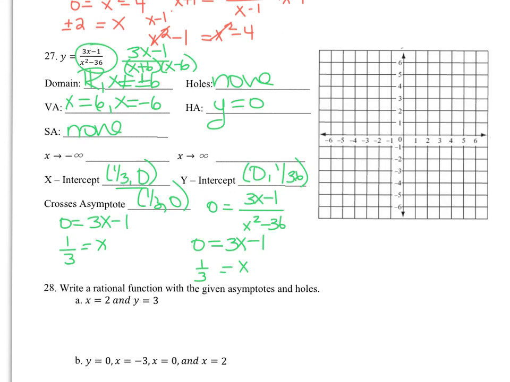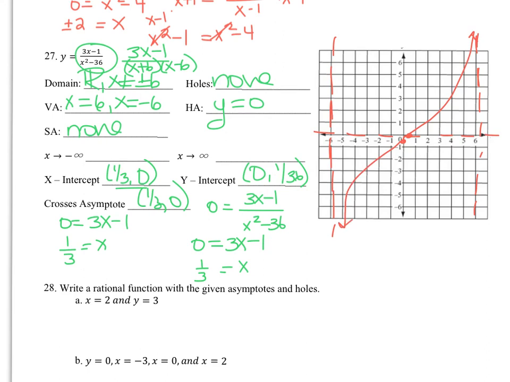So if I go ahead and start graphing this, I have a horizontal asymptote at 0, vertical asymptotes at 6 and at -6. I have an x-intercept at (1/3, 0), which is where it crosses, and a y-intercept at 1/36, which I'm just guesstimating. Since I have to touch this dotted line and this dotted line, it's going to go something like this.